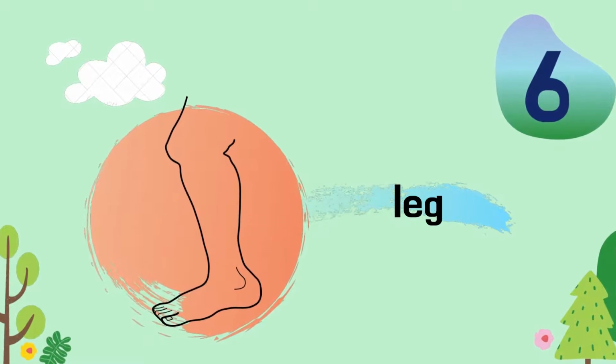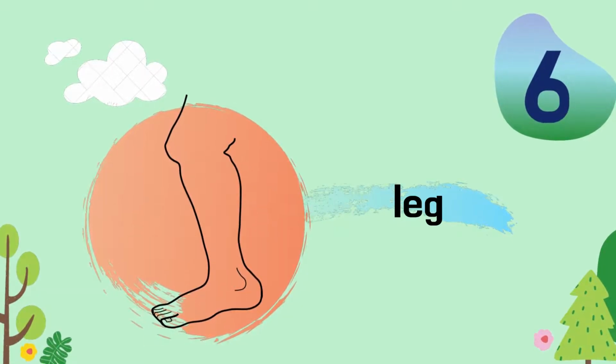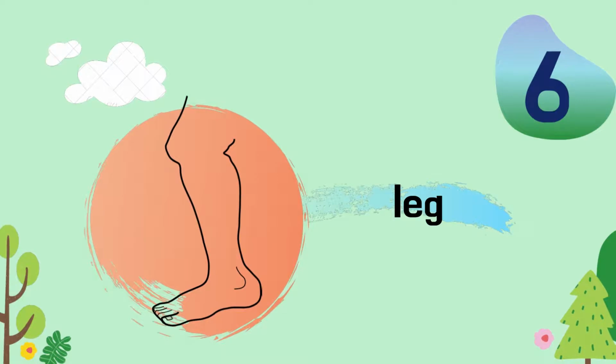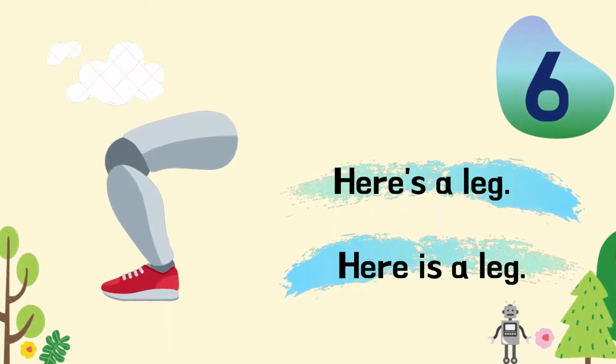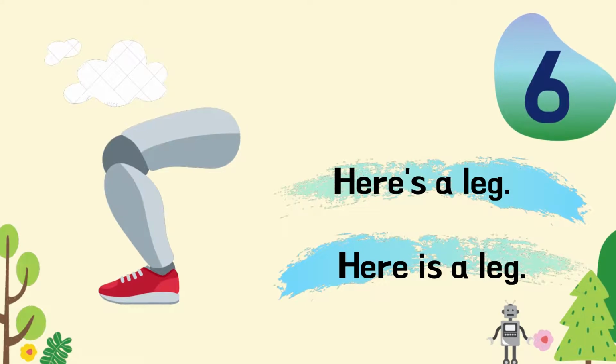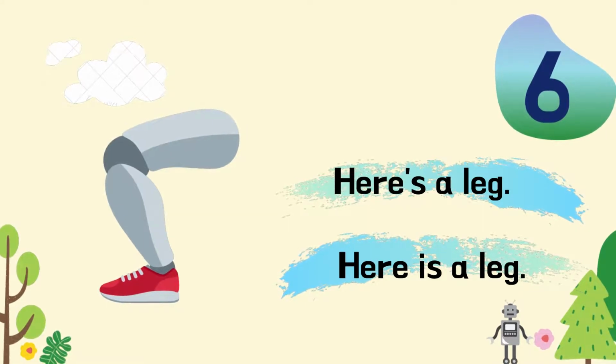Next, number 6. Look at the picture. Now, let's read the word. Leg. Now, let's read the sentence about the robot's leg. Here's a leg. Here is a leg.